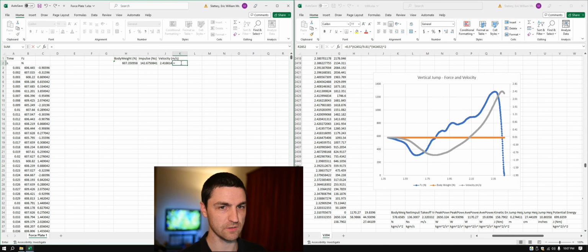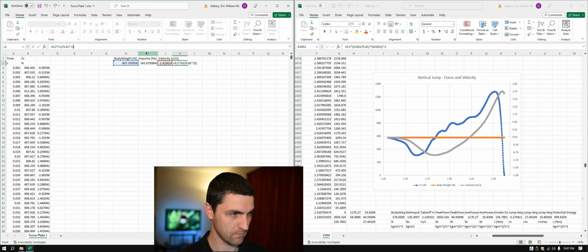So equals 0.5 times our body weight in newtons. In kilograms, we've got to divide it by 9.81. Then we'll multiply that by their velocity squared. Whoops, that got out of order.